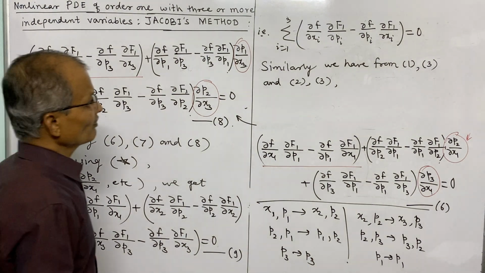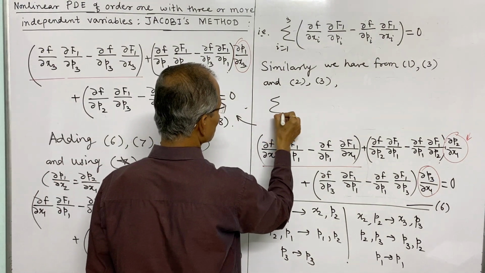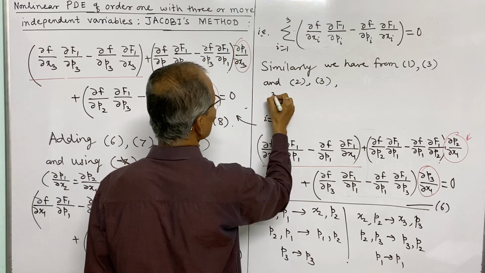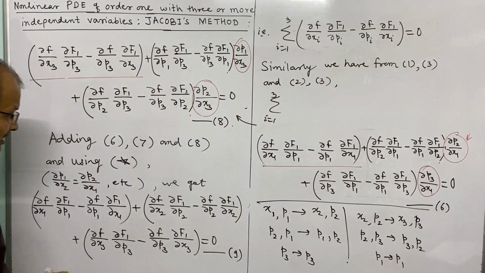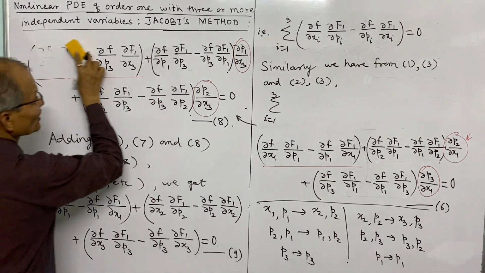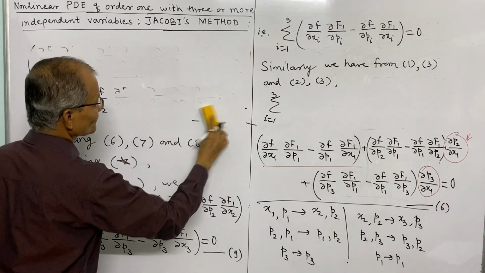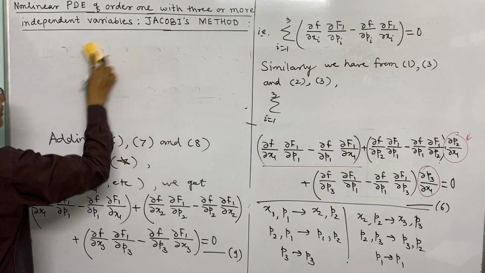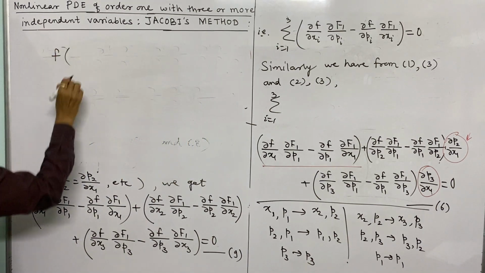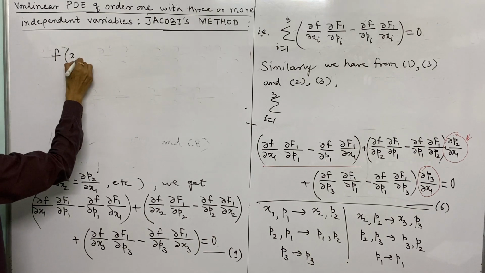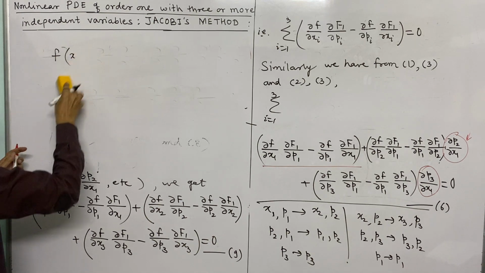So what will be from 1, 3? What is the change? i taking value 1 to 3. From this, see, the 1 is small f. What is the first equation? You see, the first equation is small f is equal to 0. So we have our starting equation, small f(x1, x2, etc.).